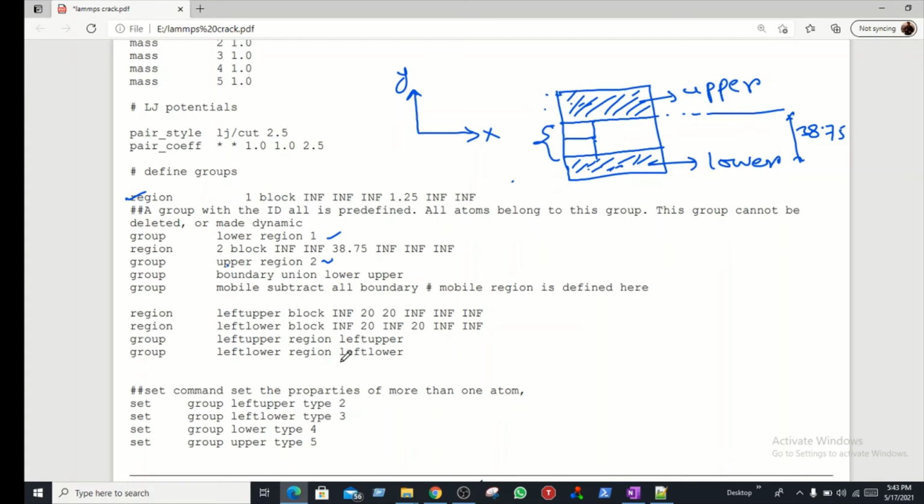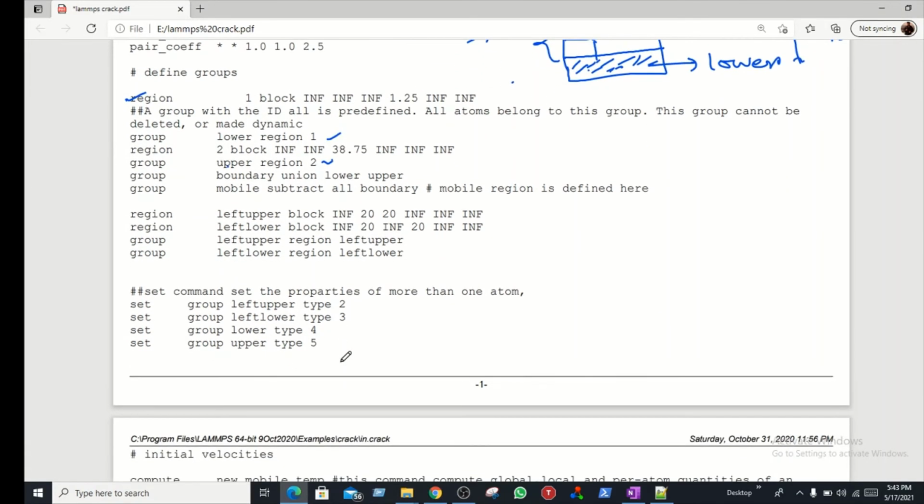Okay, and we are setting group left upper type 2, group left lower type 3, group lower type 4, and group upper type 5.